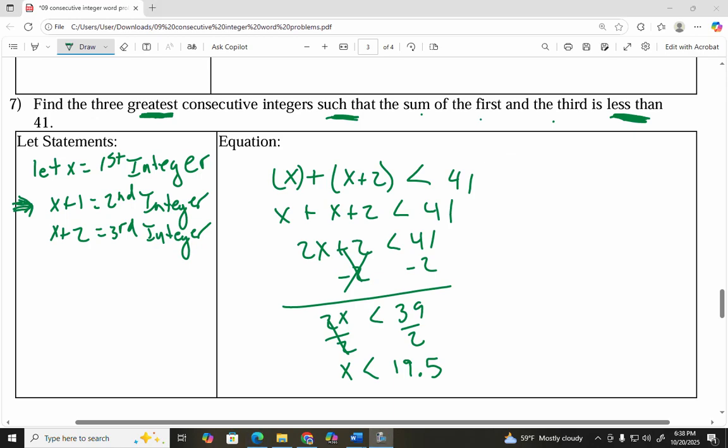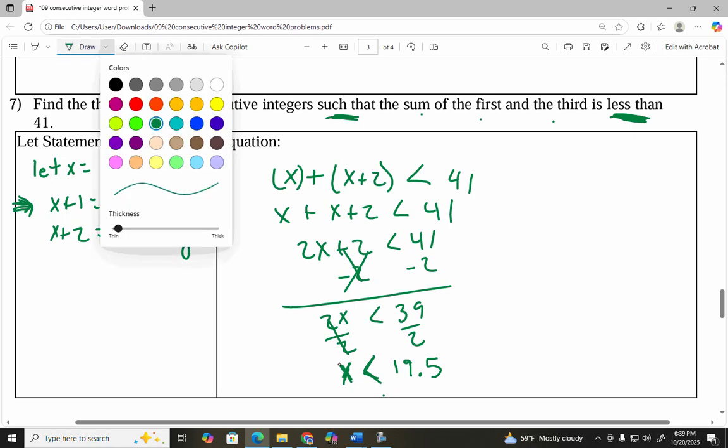I thought I just said that it's great to do these consecutive integer problems because you'll know you made a mistake if you get a decimal. Well, we didn't make a mistake, but we actually didn't get a decimal because it says x is less than 19.5. So what integer is less than 19.5? It has to be 19. Right? We're going to use 19 as our answer.